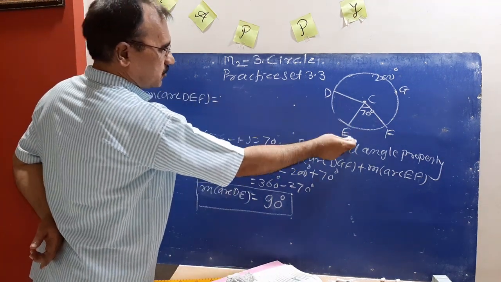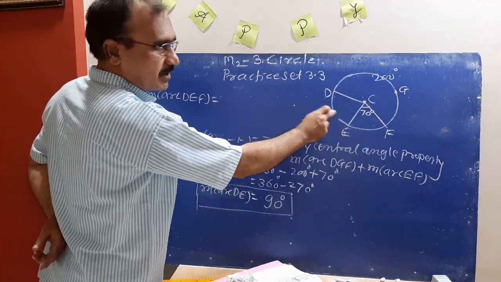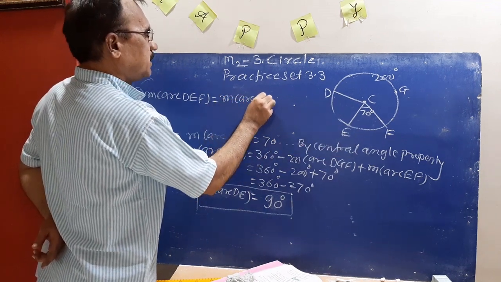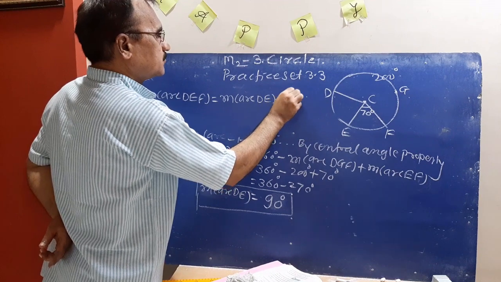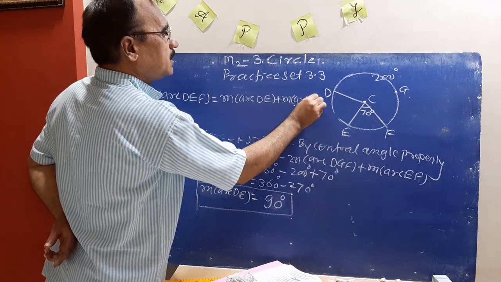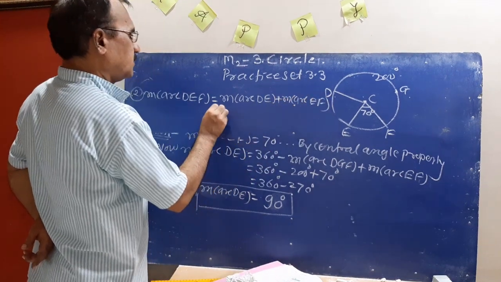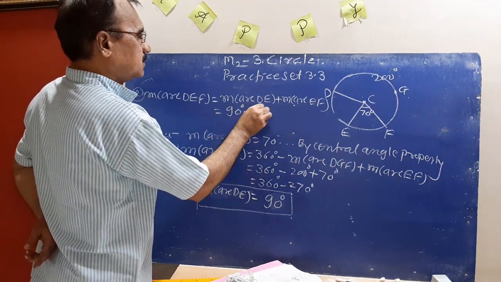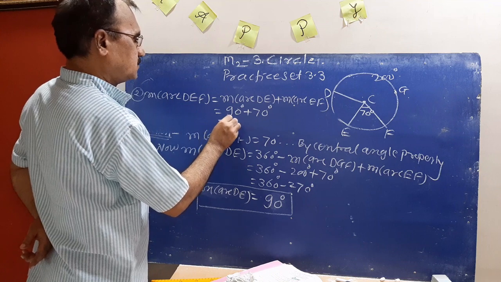Arc DEF is equal to the sum of these two arcs, because point E is common to these two arcs. Measure arc DE plus measure arc EF is equal to, this is 90, this is 70.